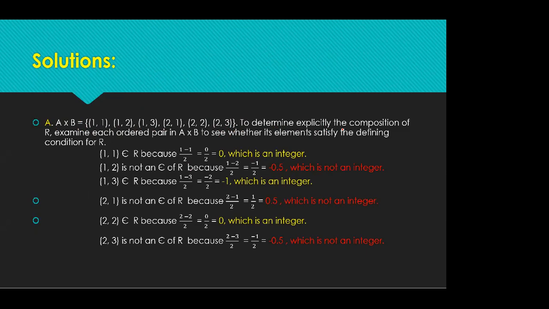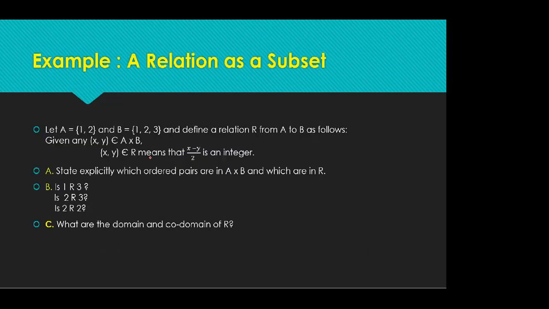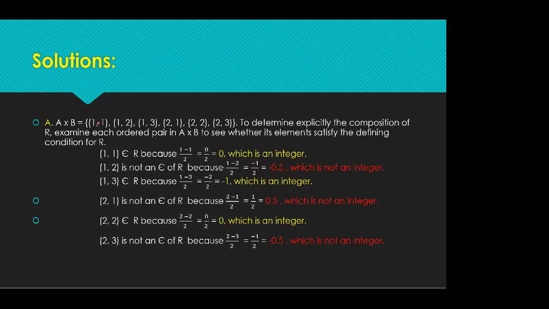And to determine explicitly the composition of R, or the relation, examine each ordered pair in the Cartesian product of A to B to see whether it is an element satisfying the defining condition for R. So our condition here is that it should be an integer, right? From this condition, X minus Y all over 2. So first, we try this ordered pair.